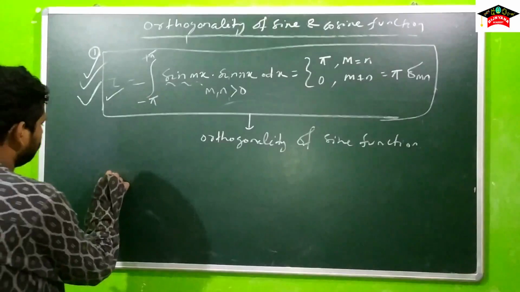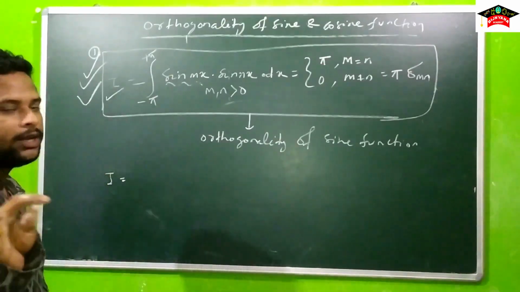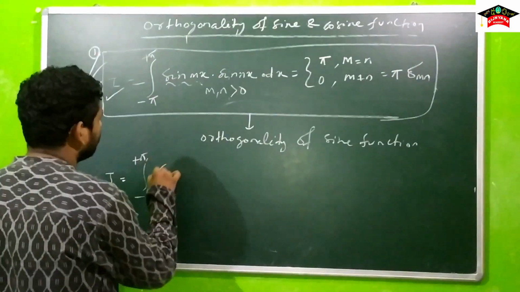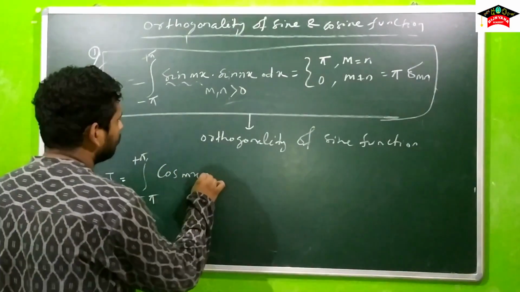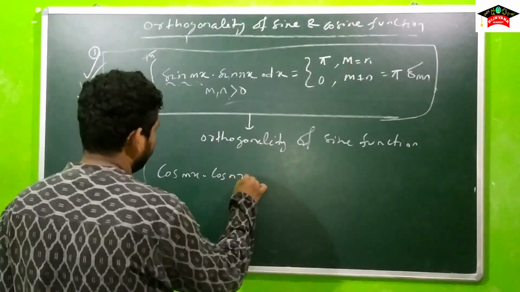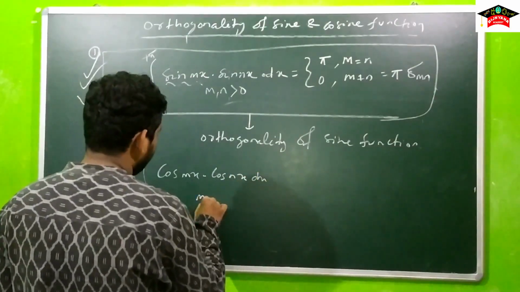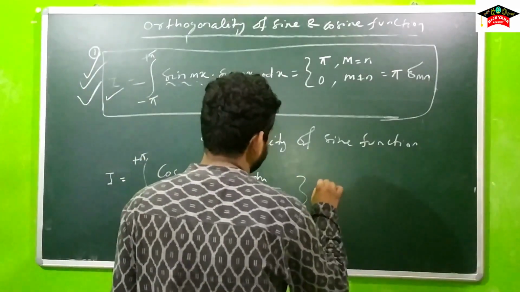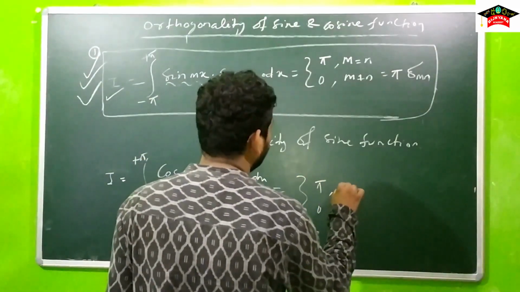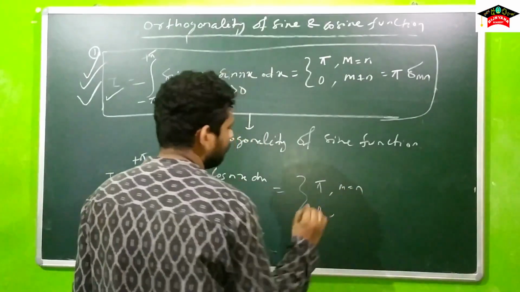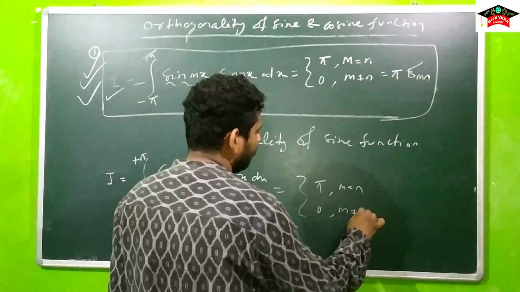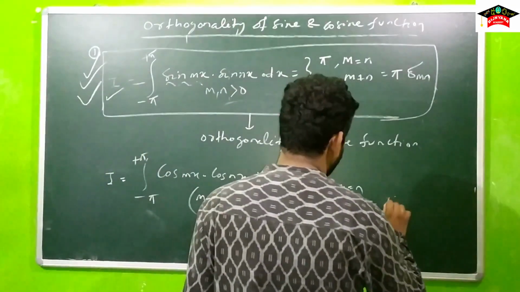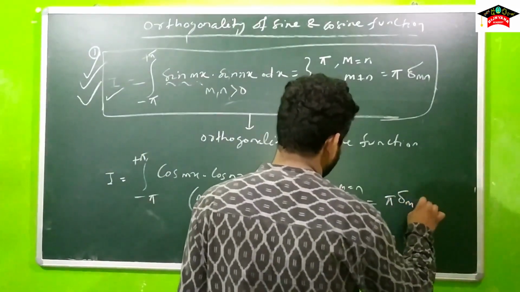Similarly, we can prove, I am not proving it here, you can do it yourself, that the integration from minus pi to pi of cos mx into cos nx dx, when m and n are greater than 0, gives the same case: pi and 0. When m equals n it gives pi, and when m is not equal to n it gives 0, and we can write it as pi delta mn.